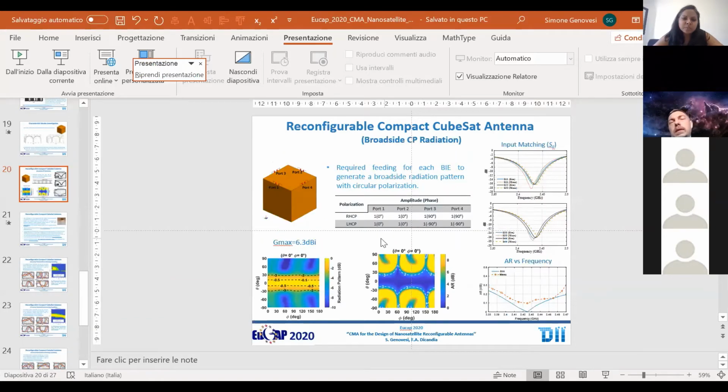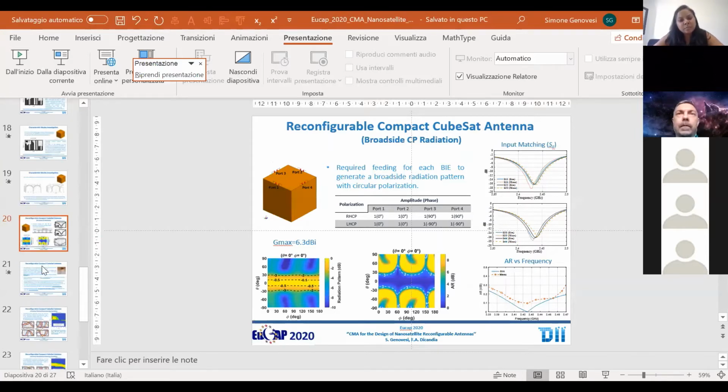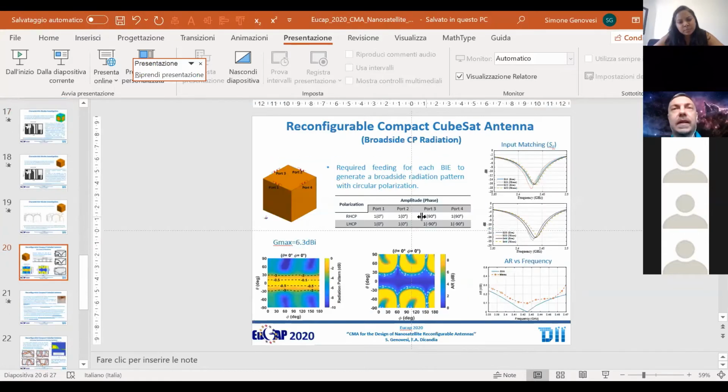Here I was not showing which phases I was providing, but this is just an example to achieve the broadside CP radiation with the proper phasing.